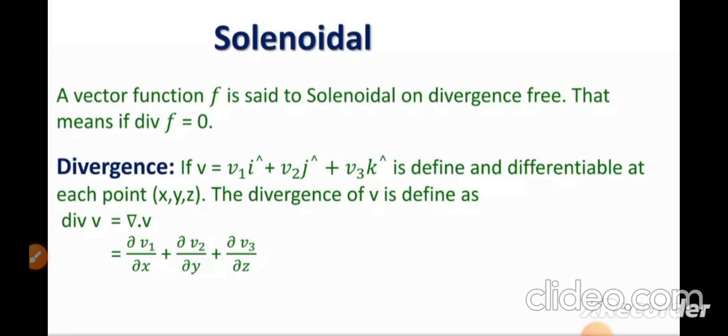The divergence definition is: if V is equal to V1 i vector plus V2 j vector plus V3 k vector is defined and differentiable at each point x, y, z, the divergence of V is defined as divergence V is equal to del dot V. We know that the del value is nothing but i vector into dou by dou x plus j vector into dou by dou y plus k vector into dou by dou z.